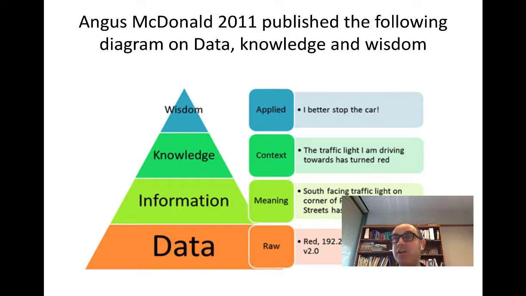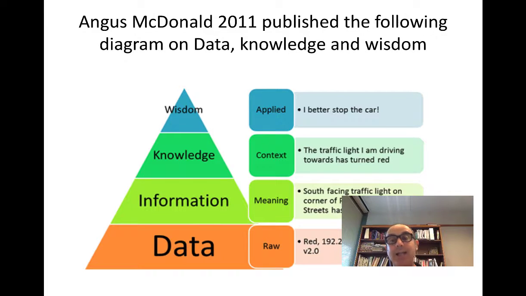The next level is the knowledge, which is the context of the information and the data, and the wisdom is what we need to do to apply this. In this case he showed the idea of a single traffic light, and we have the idea of what it stands for and what is embedded in it.